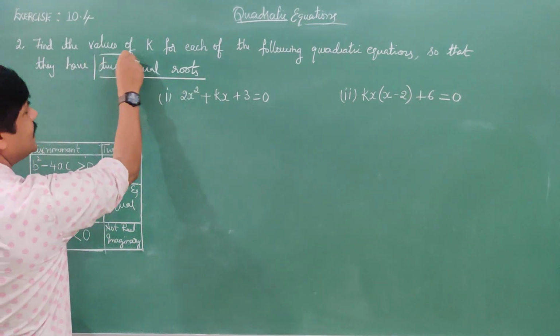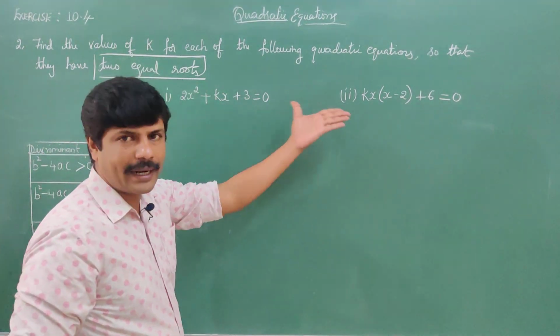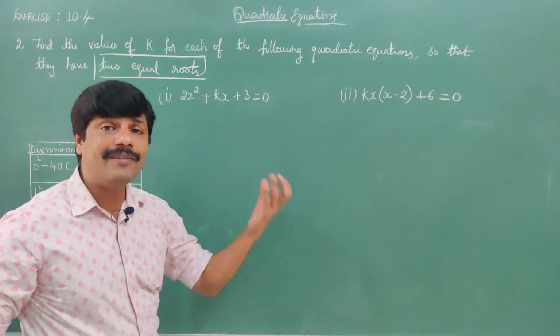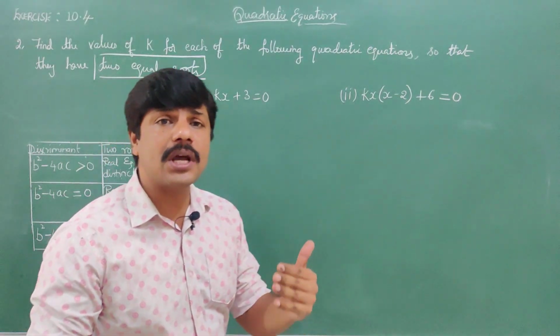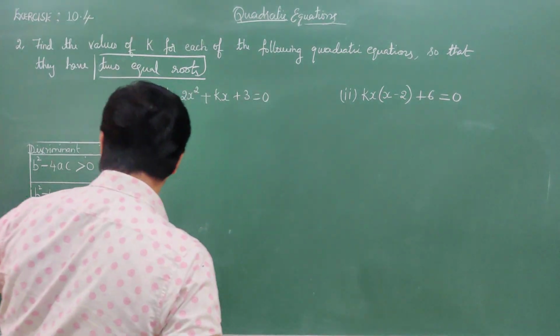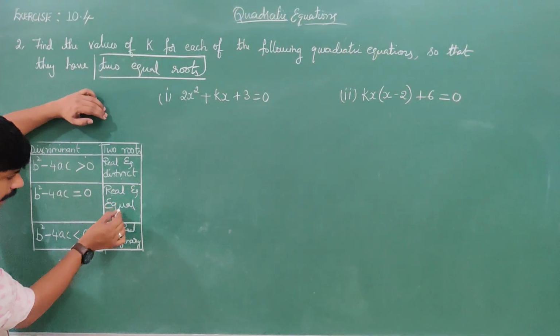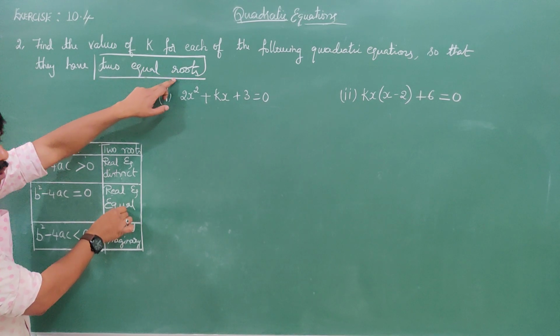It is said that these two quadratic equations, 1 and 2, have two equal roots. If the roots are equal, then what is the condition? Here it is said two equal roots.